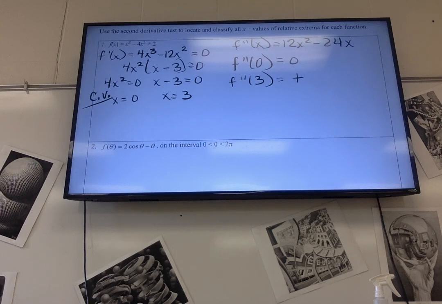Since this is positive, we know that x equals 3 is a min? Relative. If it's positive, that means it's concave up. So yes, it's a relative min.